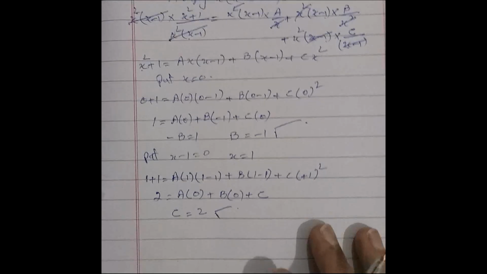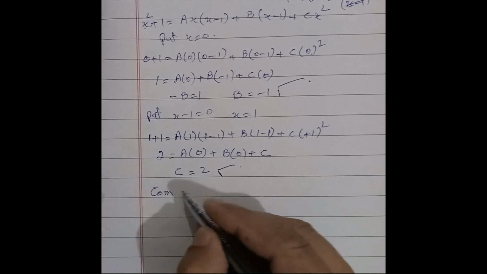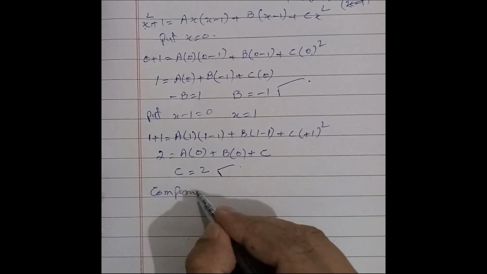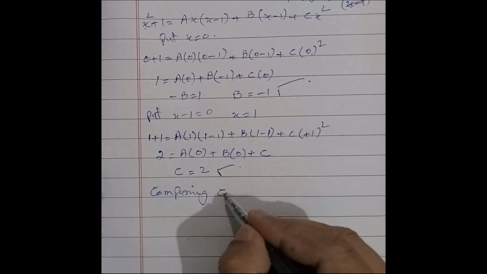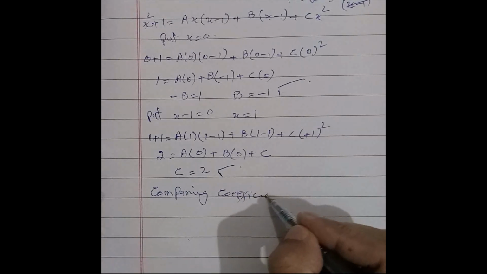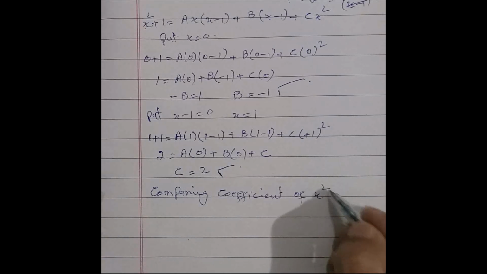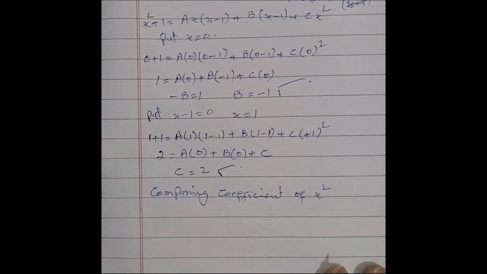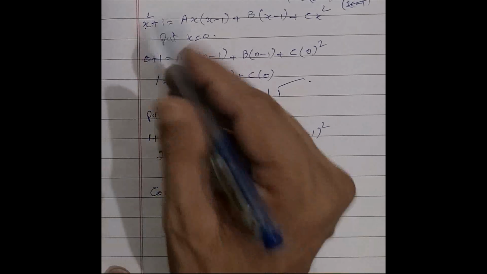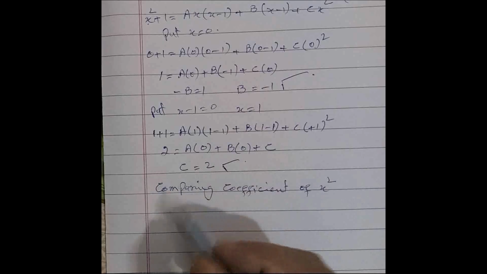And at last we compare the coefficient of x square. On the left it is x square, its coefficient is 1.